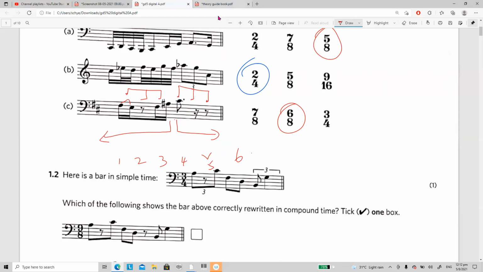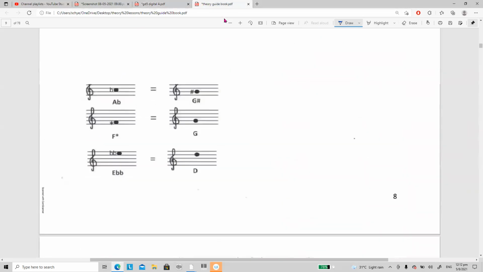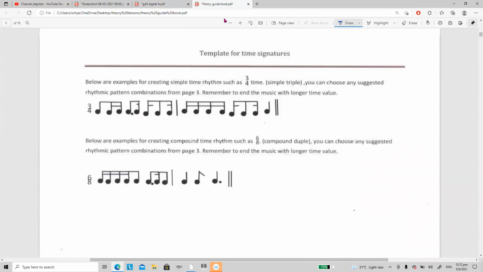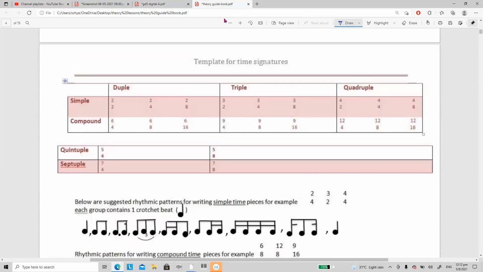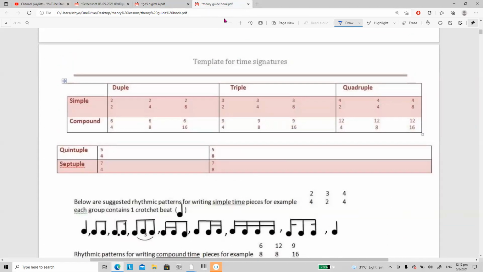So you can see from the chart, we have a time signature chart. In this chart, you can see that 6/8 belongs to duple time. Because 6/8 is 1, 2, 3, 4, 5, 6. First half, 3 quavers. For the second half, 3 quavers.